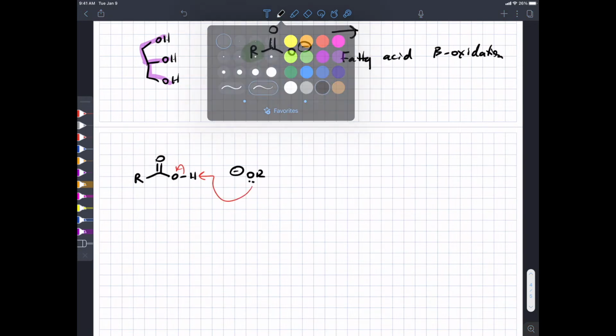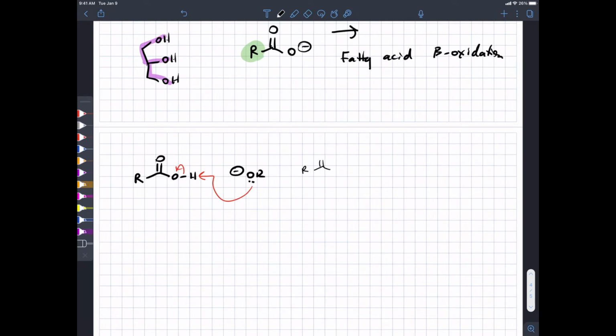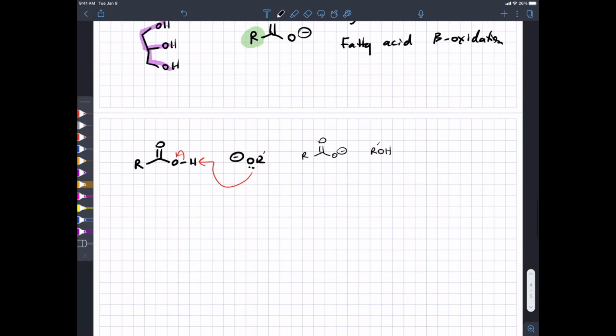And then, woe is me, I'm never going to get my ester. So when we did ester formation with carboxylic acids and alcohols, we had to use an acid catalyst.